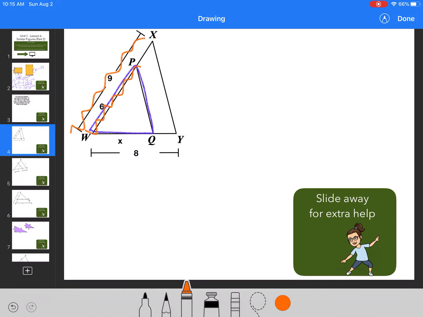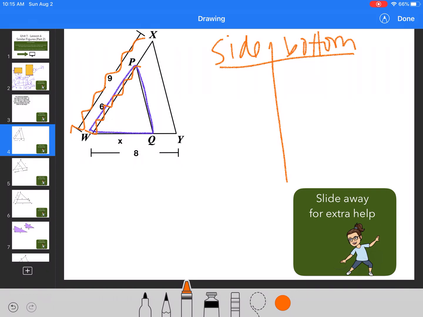I know that because those are the same side of the similar triangles. So I'm going to look at the side versus the bottom of the triangle. That's important to keep your stuff organized. So I've got 6. And I want to get to 9.